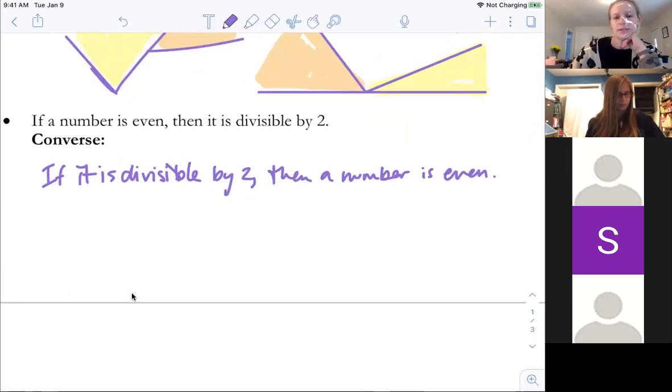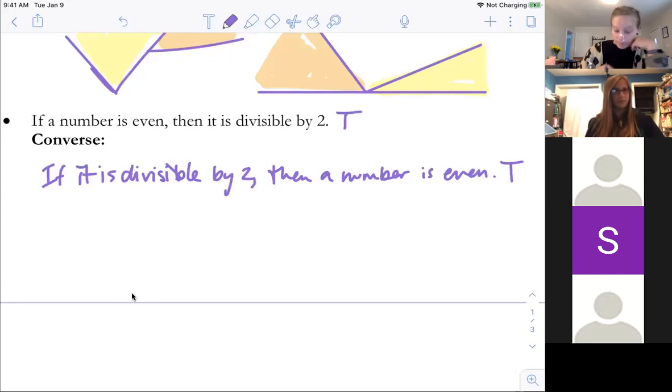If it's divisible by 2, then a number is even. Can any of you think of a number that's divisible by 2 but is odd? I can't. Can you? None of the odd numbers are divisible by 2. So this is a true statement. So I have a true statement and I have a true statement.